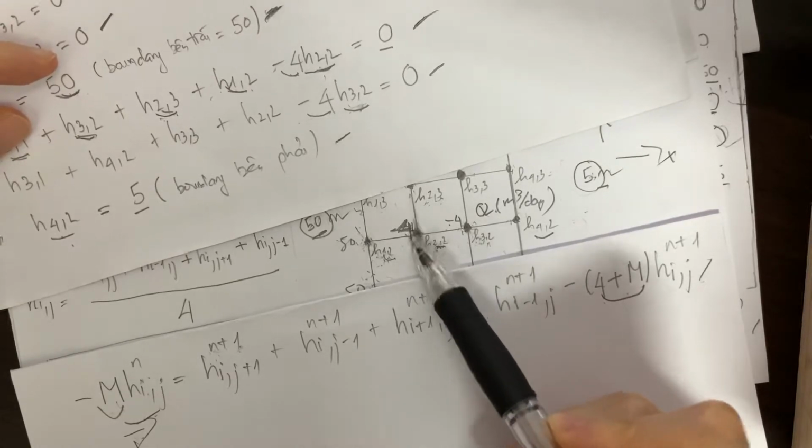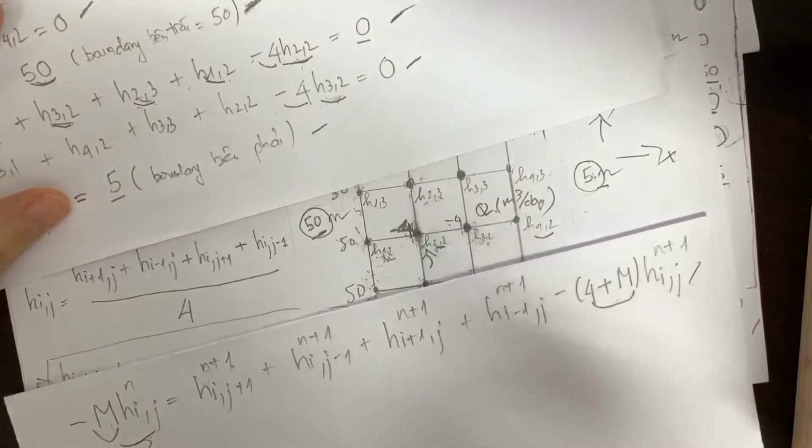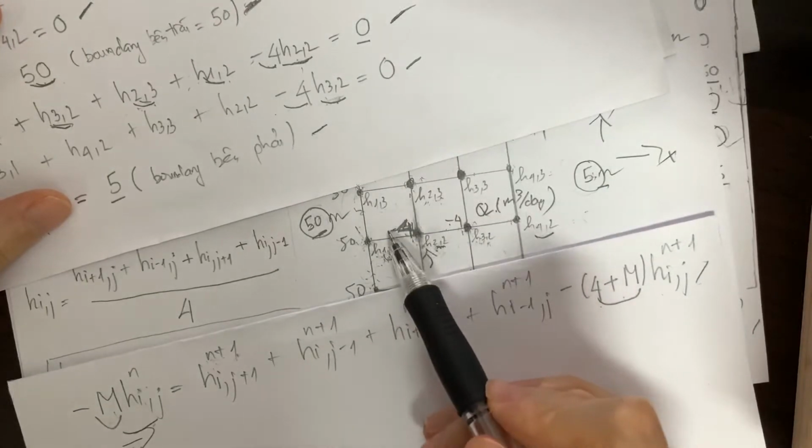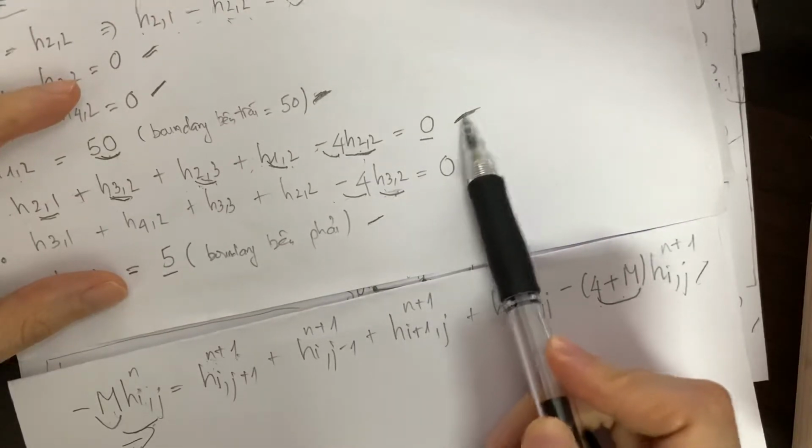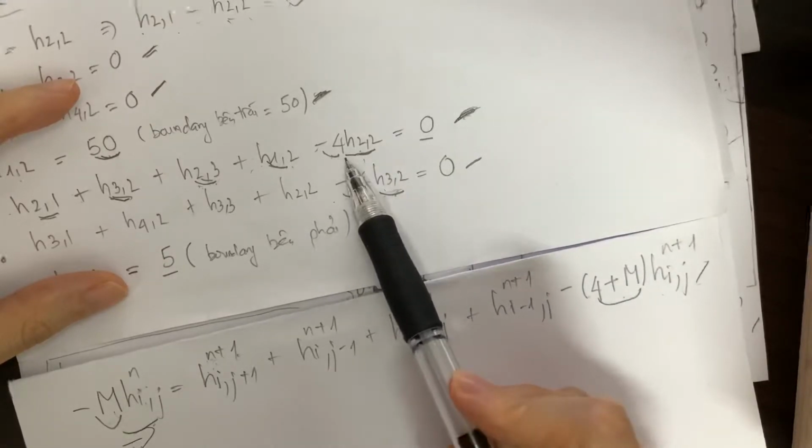For the Laplace equations for the steady state, I have the minus 4 in the center node like this, because of this kind of form.